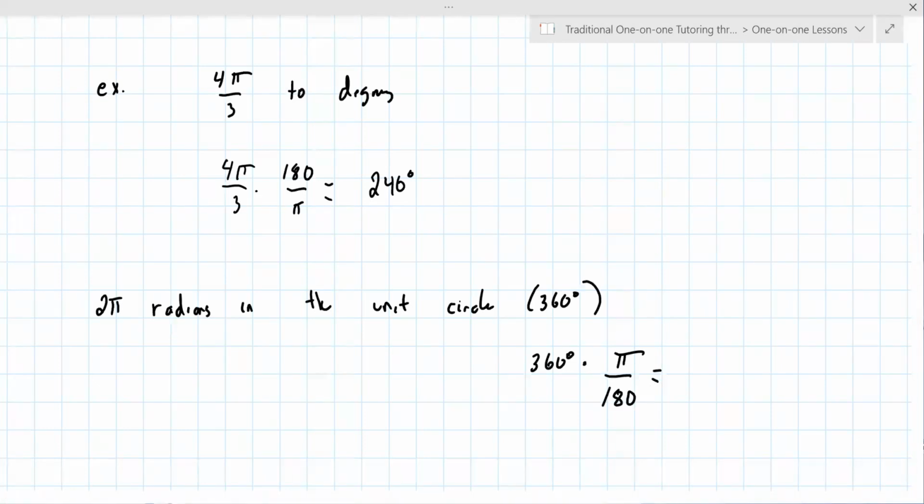What does that become? It becomes 2 pi. Yeah. So it's not all that unusual.